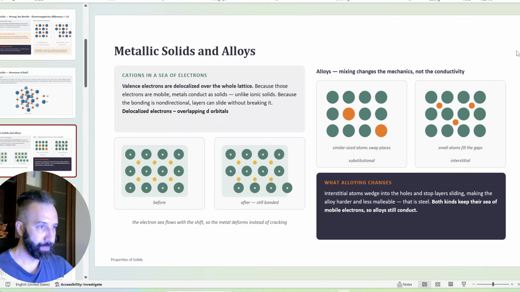What does this do? Well, basically, it makes you unable to slide these layers. So by adding carbon, which is much smaller than iron and can fit in between the ions of iron, you're basically making an alloy called steel, which is much harder than iron, much harder to break because there's no sliding, but also much less malleable.